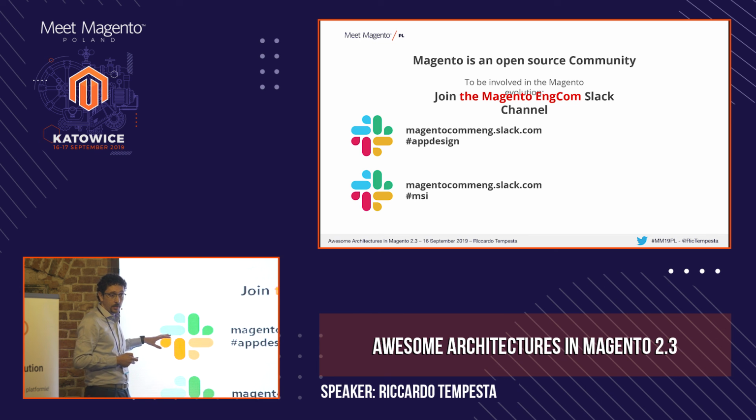Another tool I suggest you use is Slack if you're new to this world, because Magento is not only an open source product, it's a very open source community. And you have all these guys from the Magento community engineering that are always ready to help you. You have to thank them for a lot of things, because before knowing them, I was sure I was a good developer.